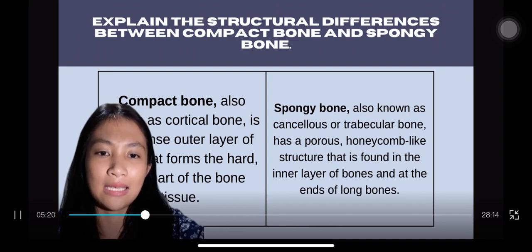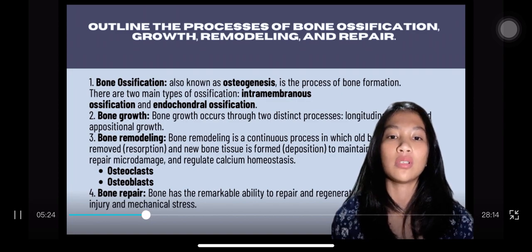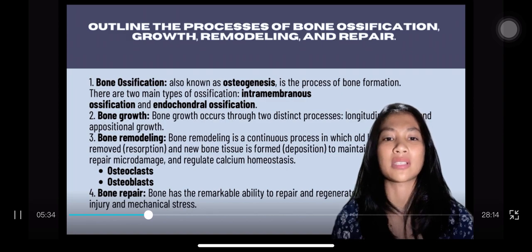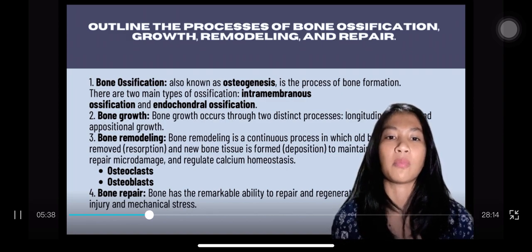Bone ossification, growth, remodeling, and repair are dynamic processes that occur throughout a person's life. Here is an outline of this process. Bone ossification, also known as osteogenesis, is the process of bone formation.